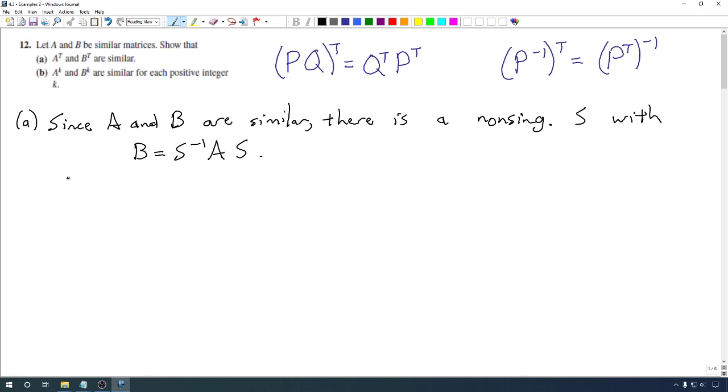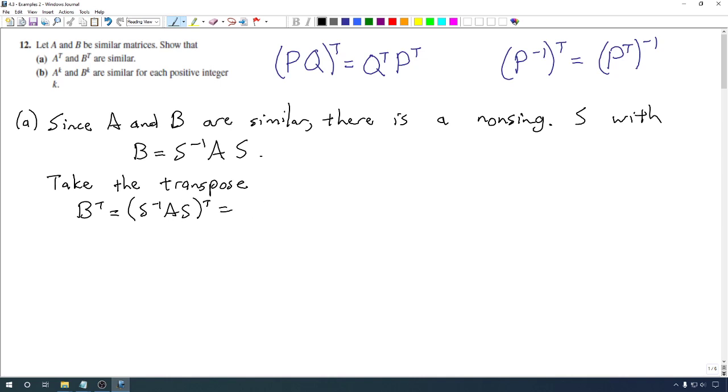So let's just take the transpose. B transpose, we'll just apply that to the entire S inverse AS. We'll use the fact that we can go ahead and move the transpose to each factor and then reverse the order.